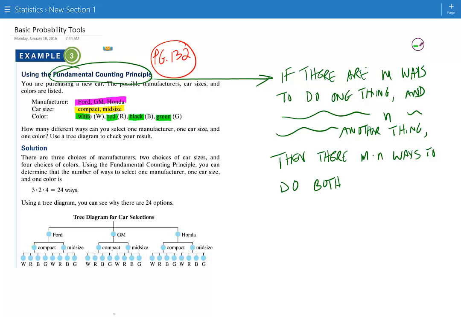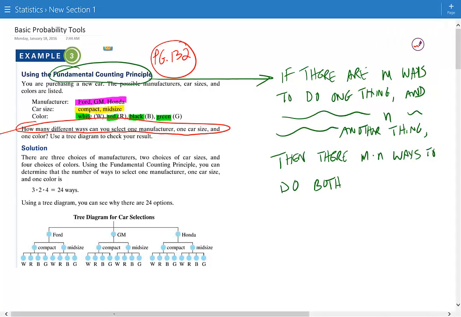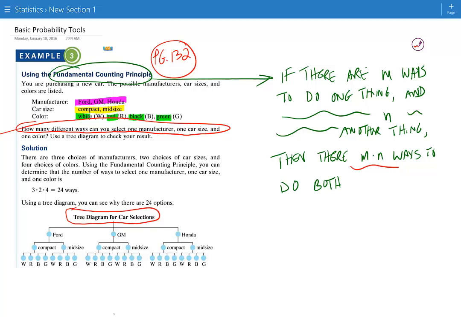So the question we're trying to ask here is how many different ways can you select all of that stuff, and how do you get an answer? Well, you can follow this rule for any number of ways. You can have 2 ways or 200 ways. And this tree diagram is a nice way to prove that, if you will, so that you understand the concept, which will make it easier to apply the rule.